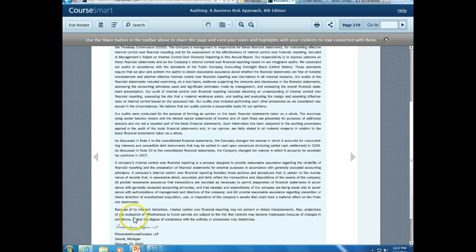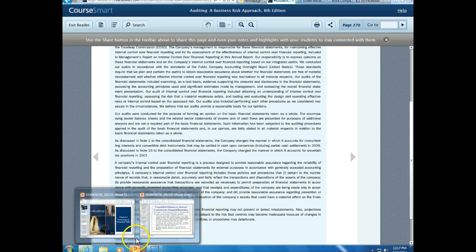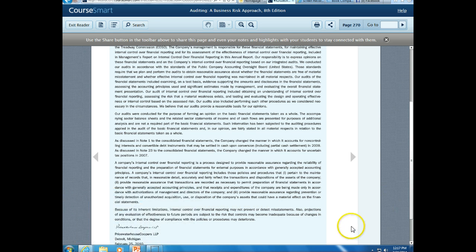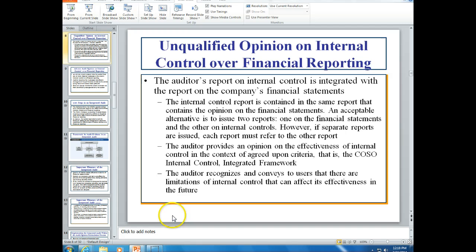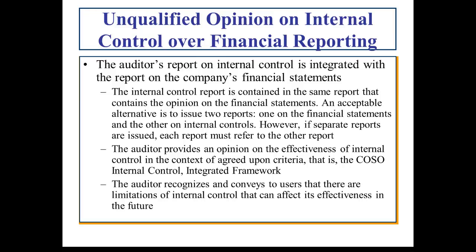Also, projections of any evaluation of effectiveness to future periods are subject to the risk that controls may become inadequate because of changes in conditions, or that the degree of compliance with the policies or procedures may deteriorate. They're required to state that. Do you see how these reports are not just flippantly created? They're very intentional in their words.